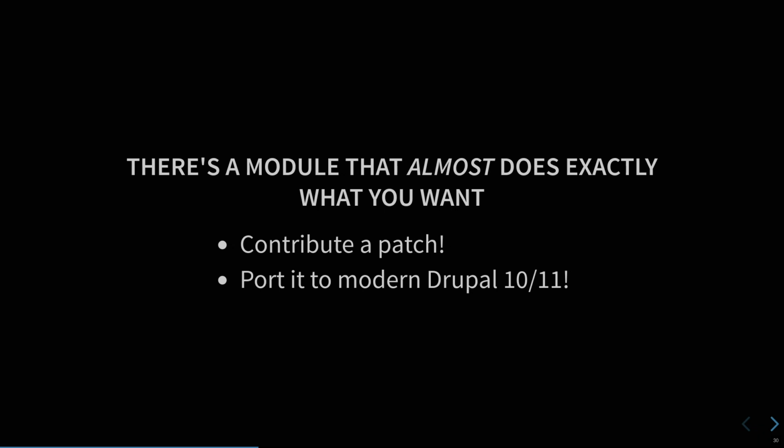If there's a module that does almost exactly what you want, contribute a patch or port it to modern Drupal. And even if your patch is not accepted, or there is no way given to build on a module, you can fork the module and maintain your own copy. That's the standard way of contributing a patch now, with an issue fork.